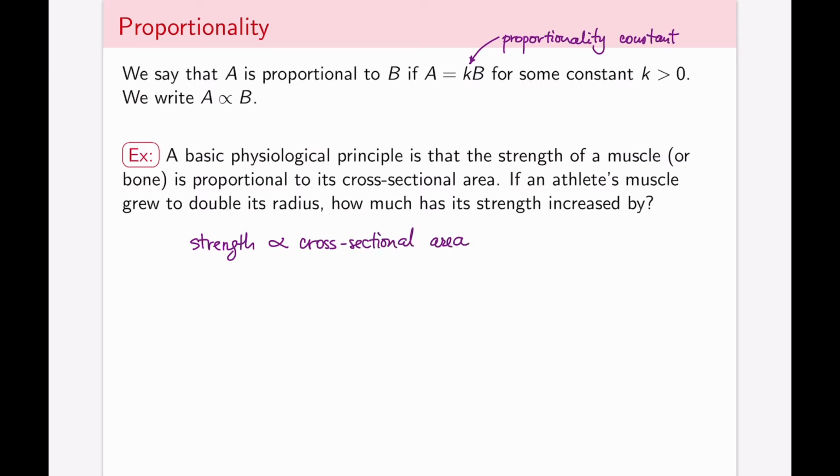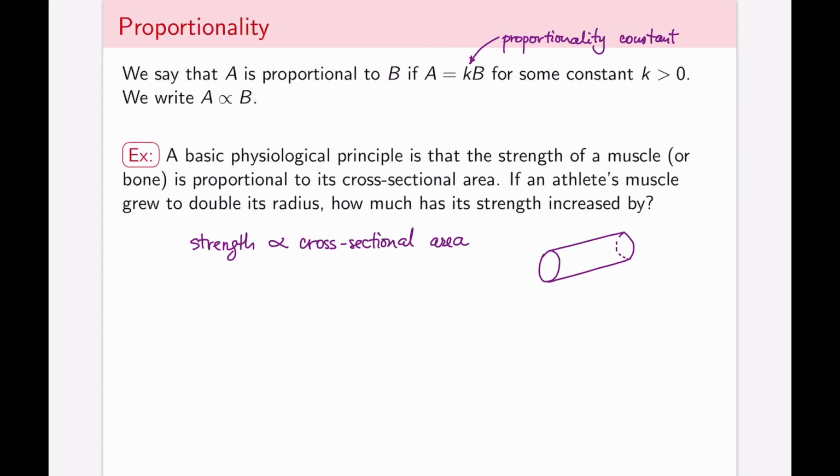And now I have to figure out what is a cross-sectional area of a muscle or a bone. The simplest possible way to think about a muscle or a bone: the picture that comes to mind is something akin to a cylinder, which is exactly what we're going to assume that it is.